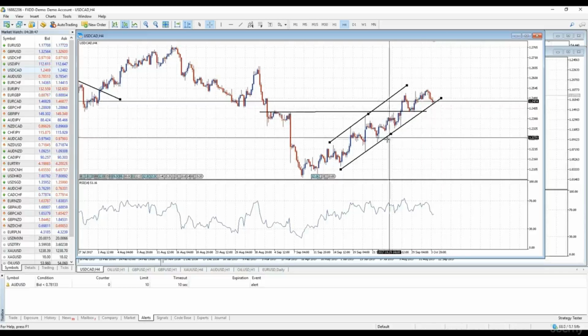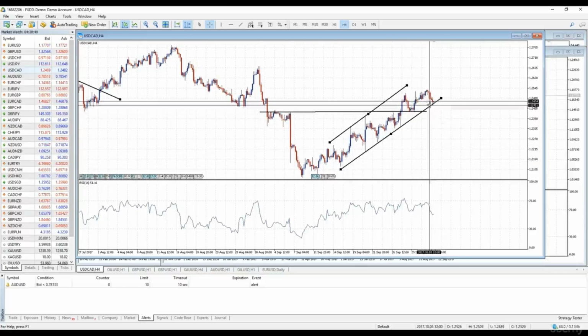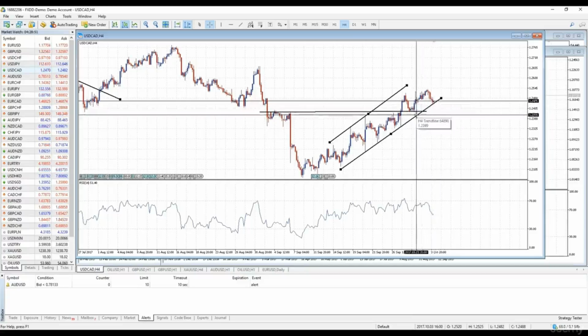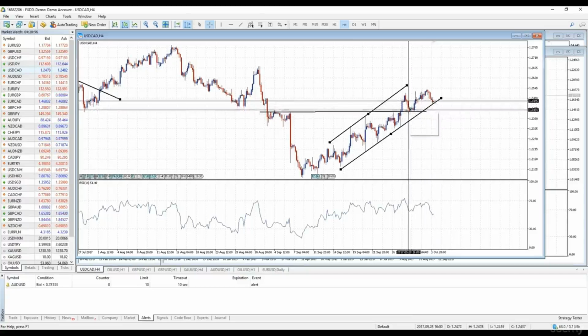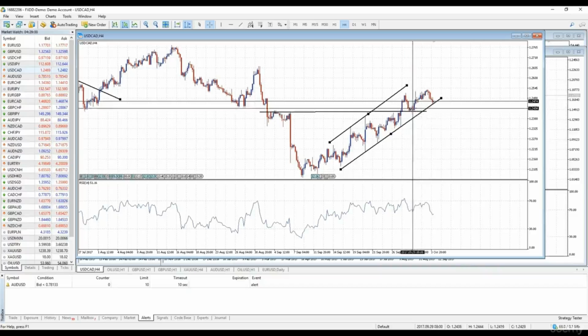So for example, if we are able to crack below this rising support level here, the next level that I would look to for a retest would be this area here, because we had some sort of support in the past.